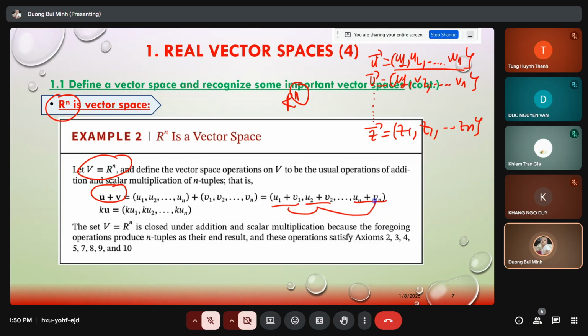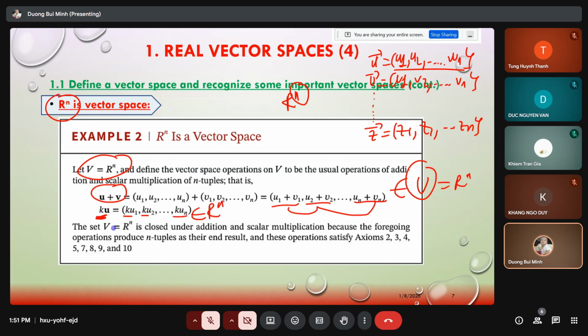How many elements do we have? Also n elements, right? So this belongs to the vector space Rn. Then we have a scalar number times U. You have U1, U2, blah blah, Un, and then K times U means K times U1, K times U2, blah, K times Un. This belongs to Rn.